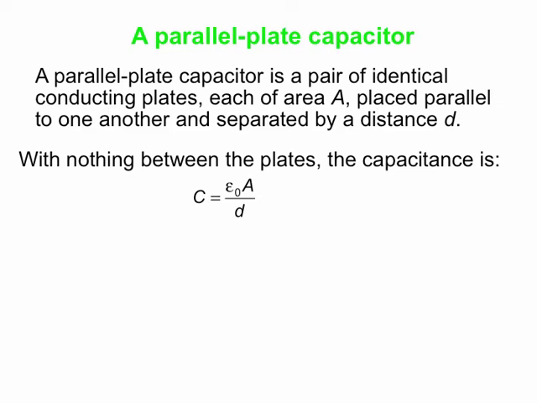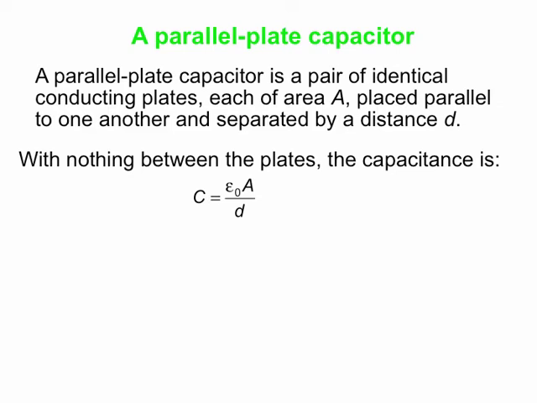What is capacitance? Well, it's a measure of how much charge the capacitor can store for a given potential difference between the plates. Okay, so let's say your cookie sheets are connected to a 3-volt battery. You'll get a certain amount of charge pumped by the battery from one cookie sheet to the other.